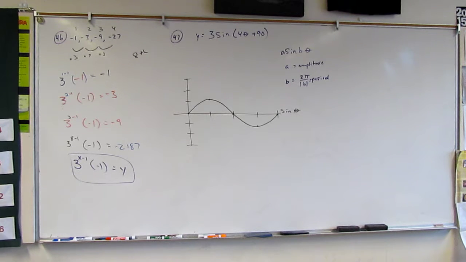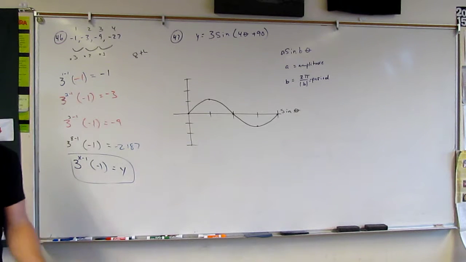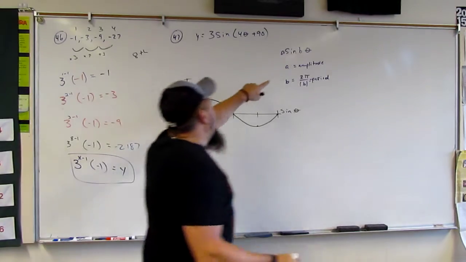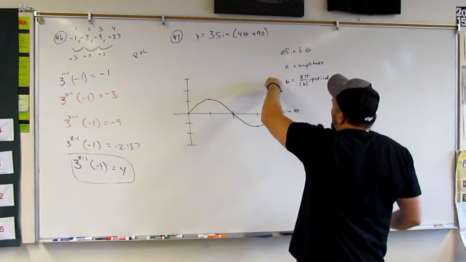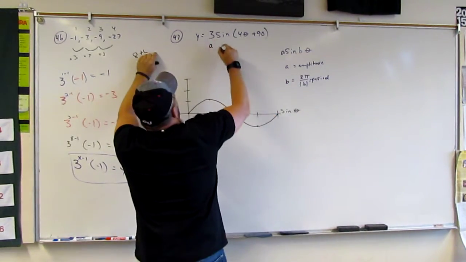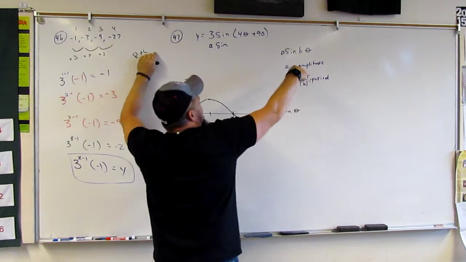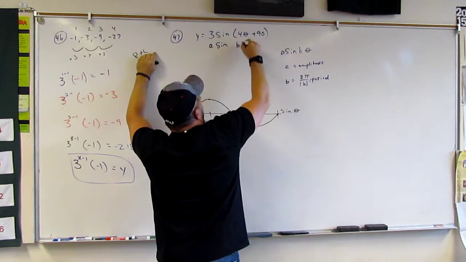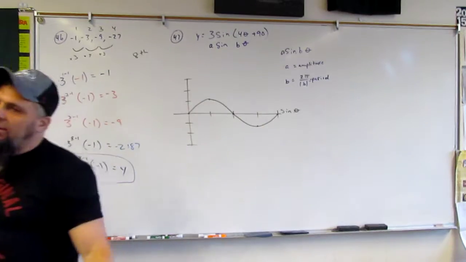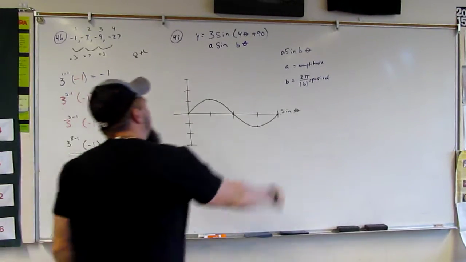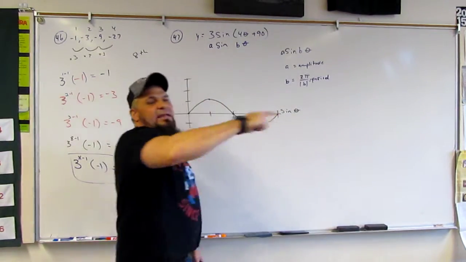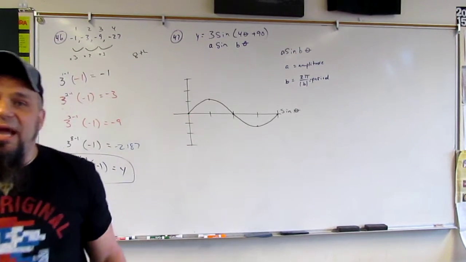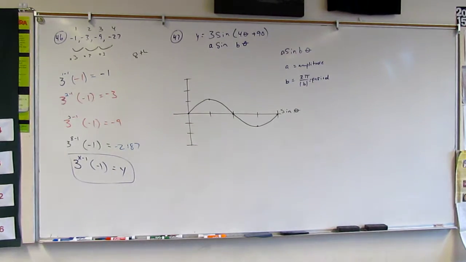Now what we're going to do is change the period. We need to know the period and the amplitude. Okay? Remember, A sine B theta. Now, this is changing on the x-axis because it's changing the x. And when the x's change, they do the opposite.